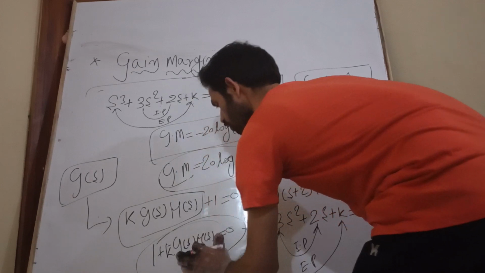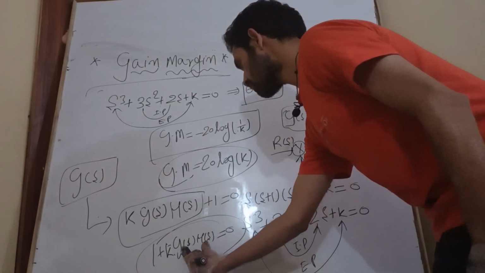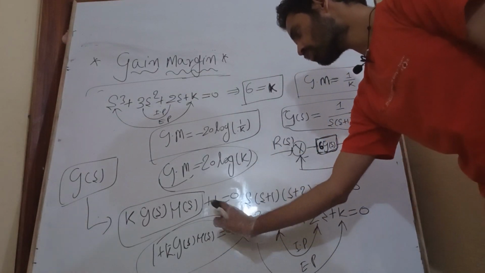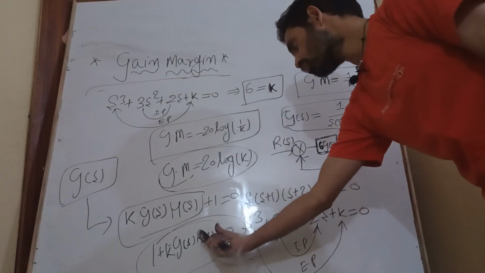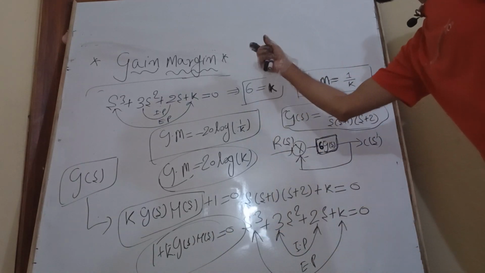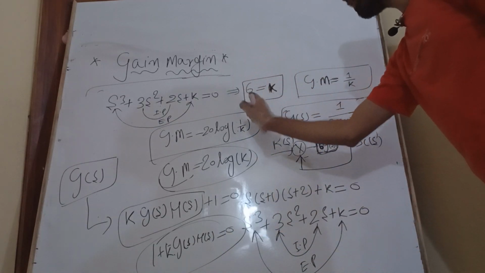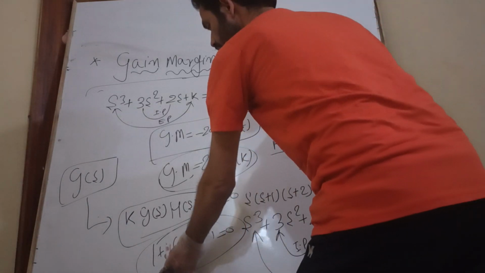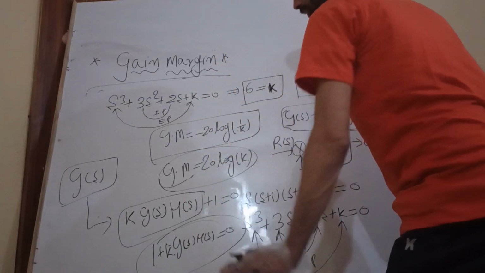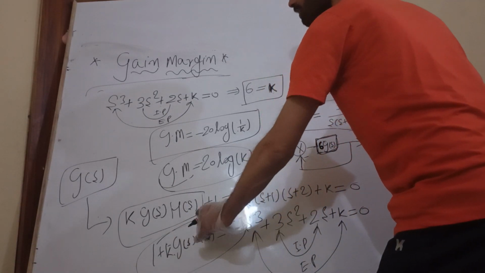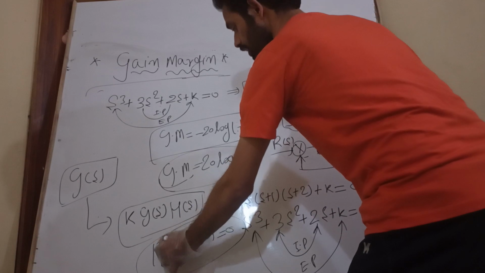Then solve this characteristic equation and see its order. After that, if you want to find the roots, you can use the RH criteria. From there you can find this k factor, which is k marginal.